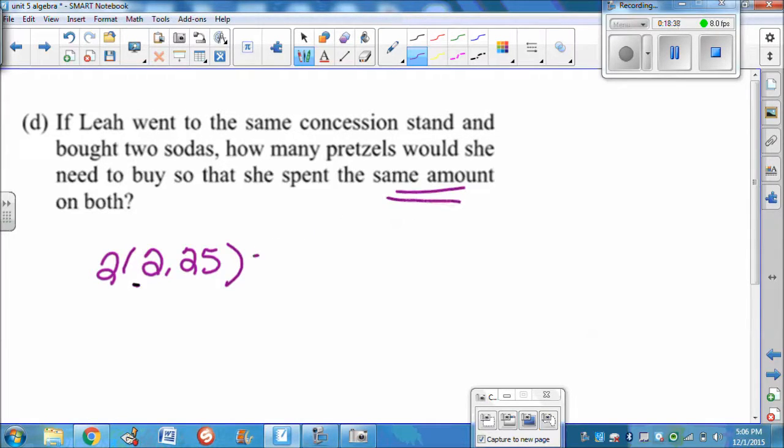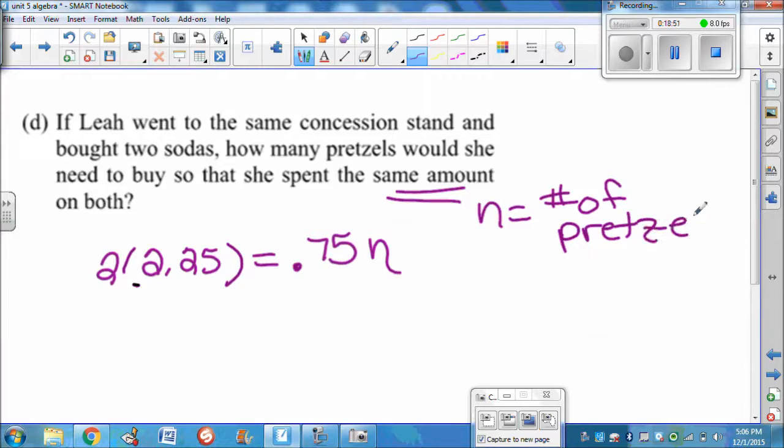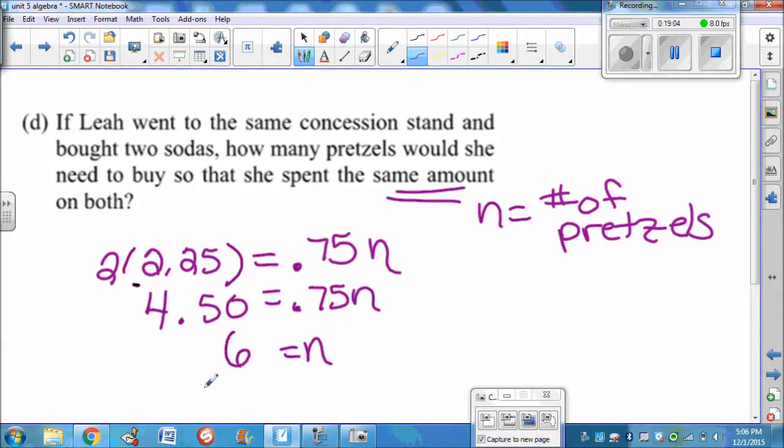The same amount means equal. So pretzels are 75 cents each. We'll call that N, the number of pretzels. And we end up with 4.50 equals 0.75N. Divide by 75 cents, and we end up with 6 pretzels, so that she spent the same amount on sodas and pretzels.